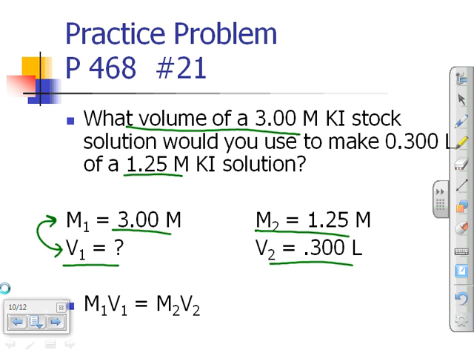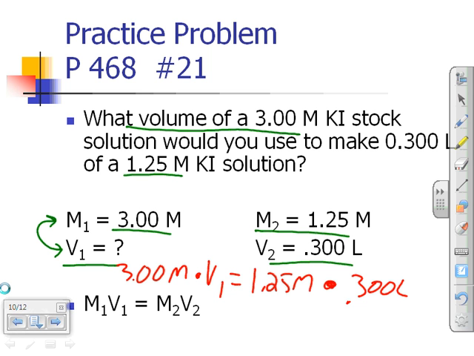Write down your formula and just plug it in from there. Your M1 is going to be 3.00 molar times your V1. That's going to equal your M2, 1.25 molar, times V2, 0.300 liters. Going to be solving for V1, so you just divide by 3.00 molar on both sides.